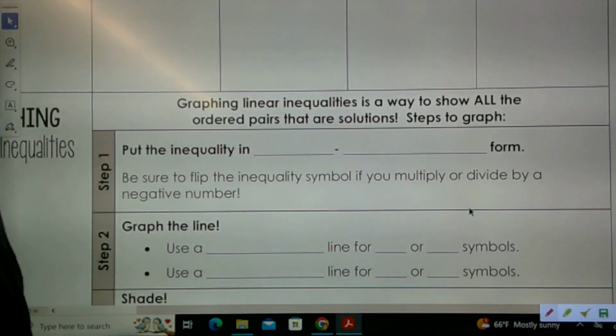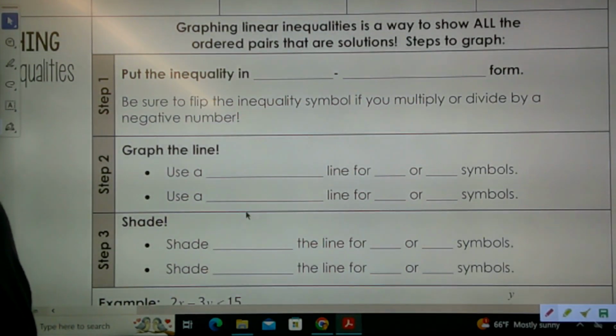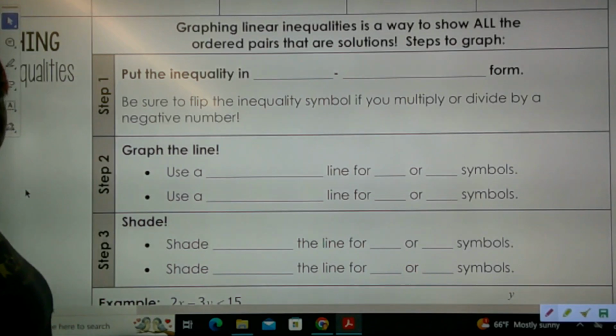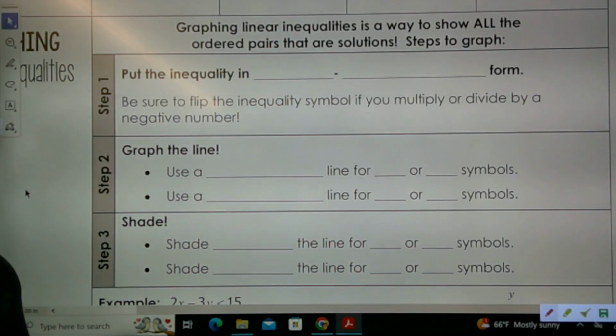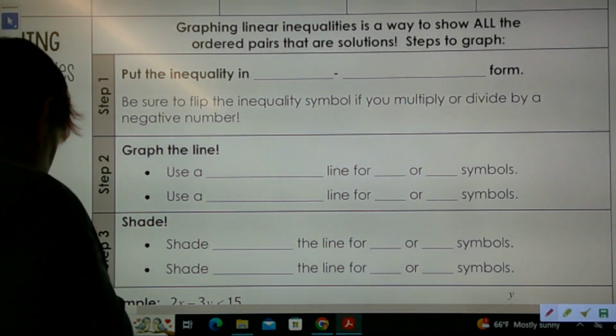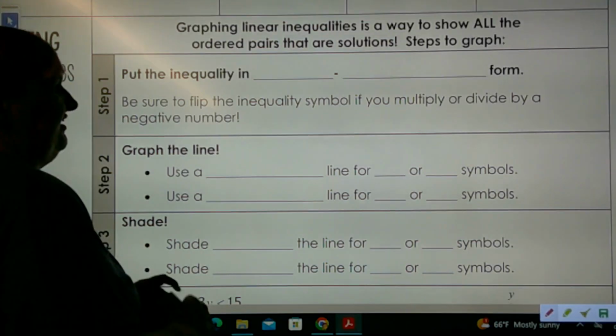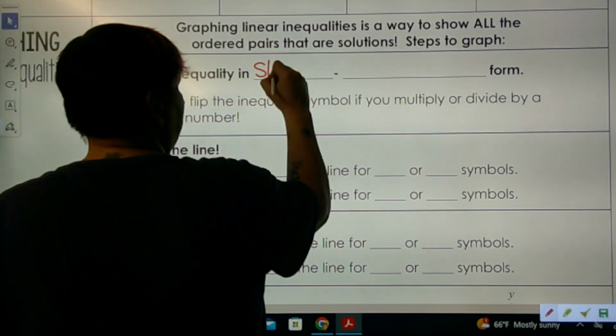Alright, in order to do this, you can graph them. That is one solution. Just like with a system of linear equations, you graph them to find the solution. One way to do linear inequalities is to graph them to find the solution possibilities. So, put the inequality in slope-intercept form.